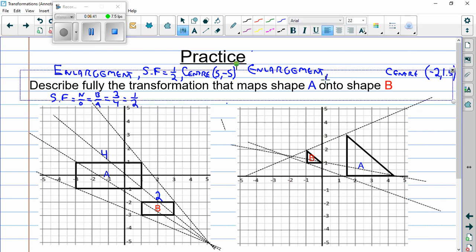But we didn't actually finish off that other side before, so we have to do our scale factor. On our sides, that's pretty easy. We have 3 and 1, so we go new over old. Our scale factor here is 1 over 3. We're getting a third as big.